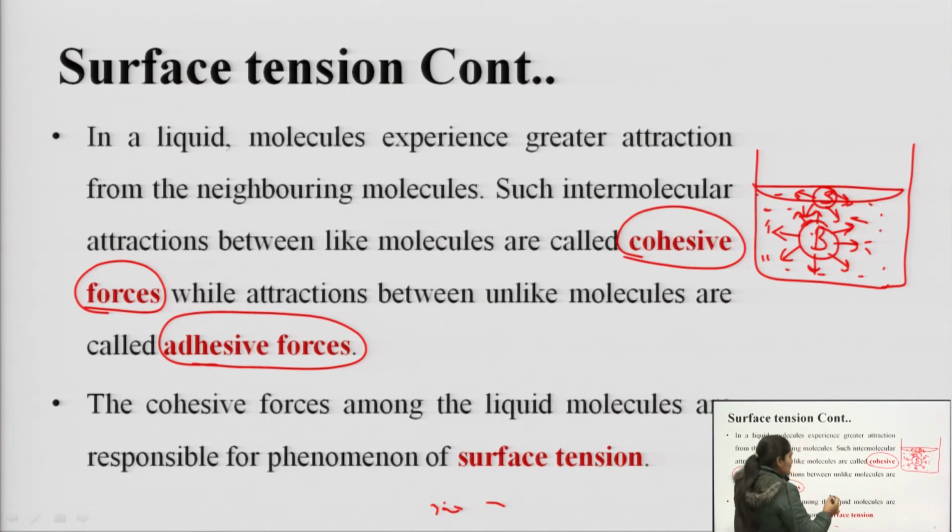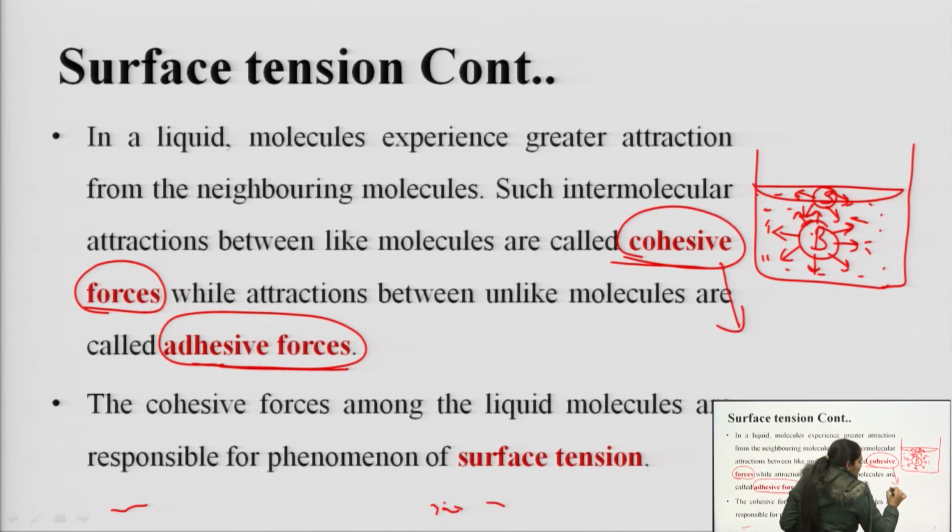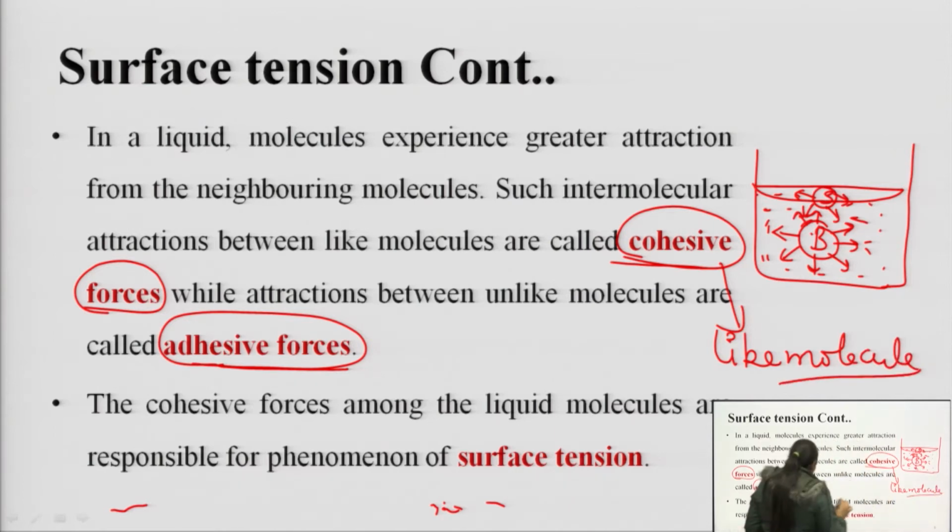So, there are two types of forces: one is cohesive force and the second is adhesive force. The forces that exist between like molecules are called cohesive forces, and the forces that exist between unlike molecules are called adhesive forces.